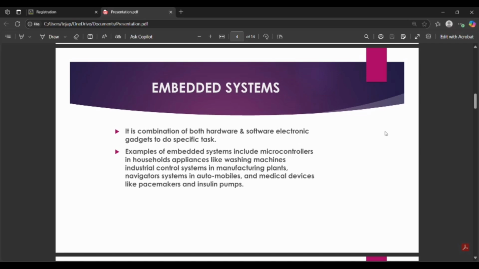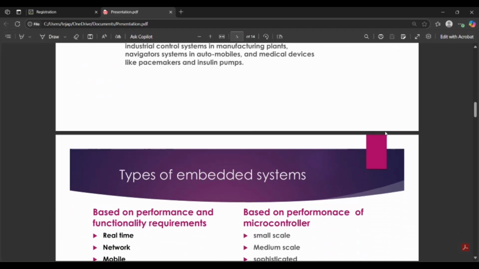Others are industrial control systems in manufacturing plants, navigation systems in automobiles, and medical devices like pacemakers and insulin pumps.